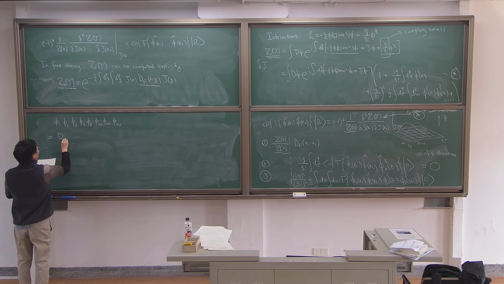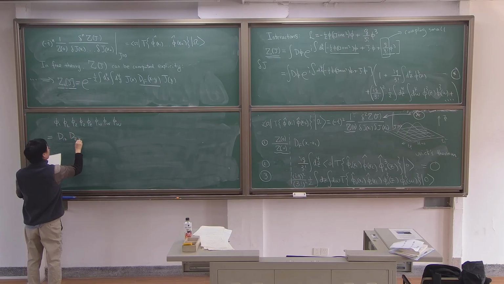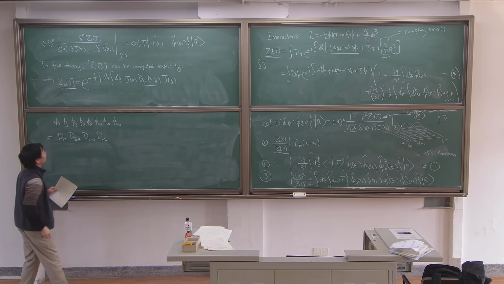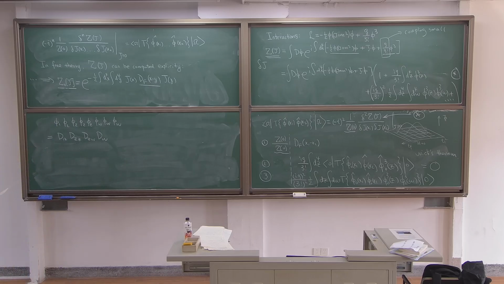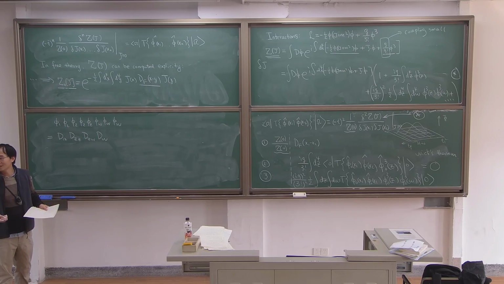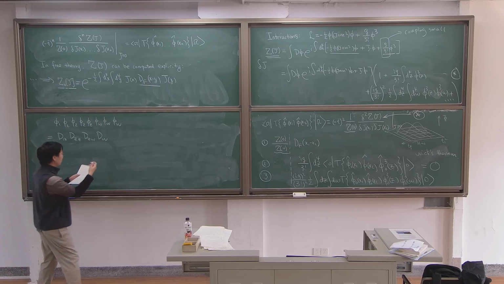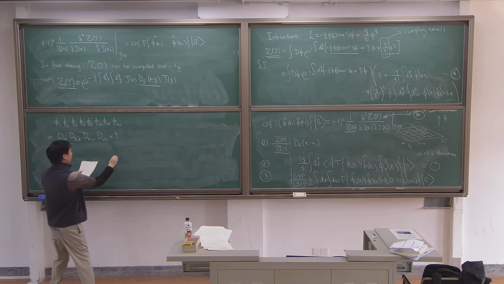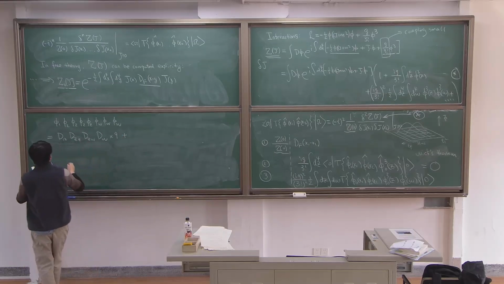So you get D12, which means from x1 to x2, DZZ, DZW, DWW. So this kind of contraction, how many times? Counted, 9. 3 by 3, right? So you have a line. Let's search for some other contraction.